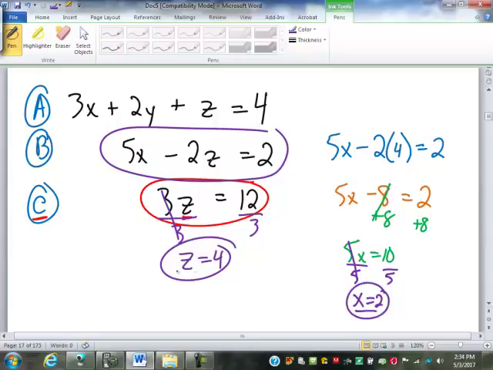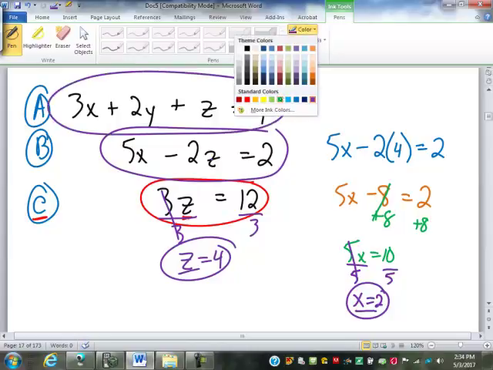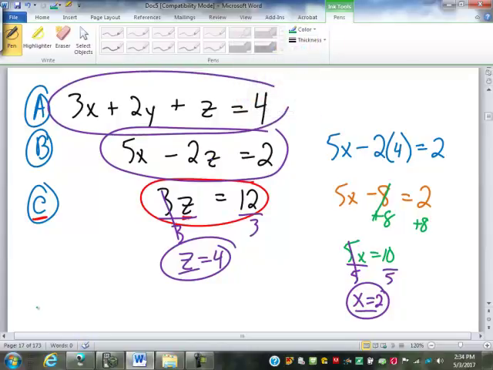So I've got x and z. Now I can go back to that first equation, equation A. 3x becomes 3 times 2, plus 2y, we're going to leave that, plus z is going to become 4. That equals 4.